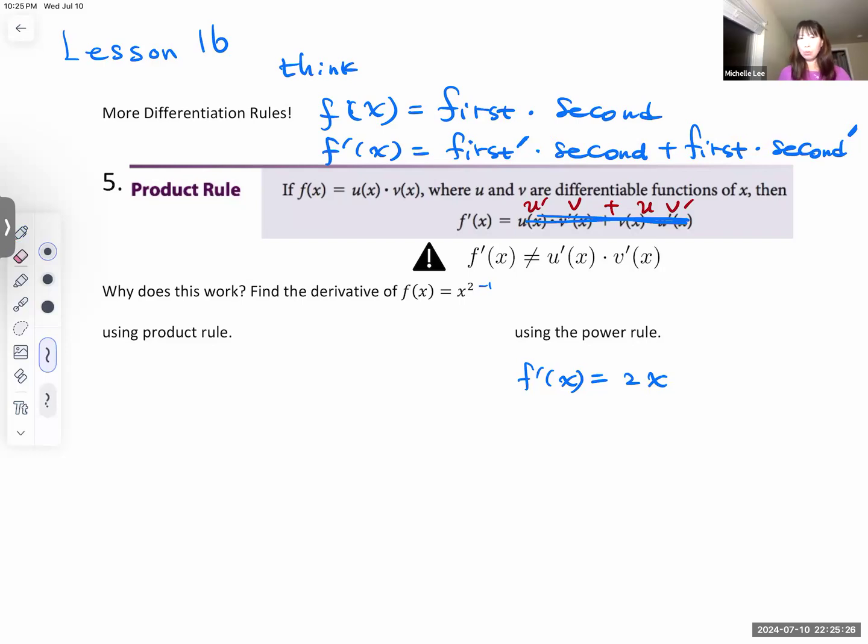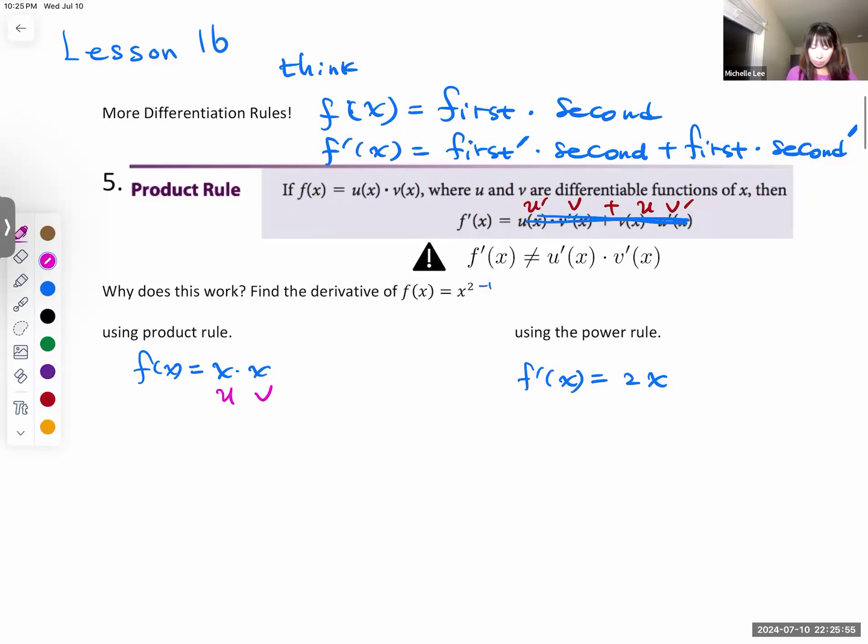Okay, using product rule. So we have f of x equal to x times x. Now this will be u, v, right? So first prime times the second plus the first times the second prime, right? So we have u prime. Let me rewrite here.